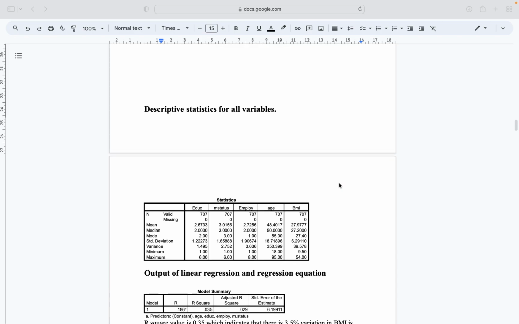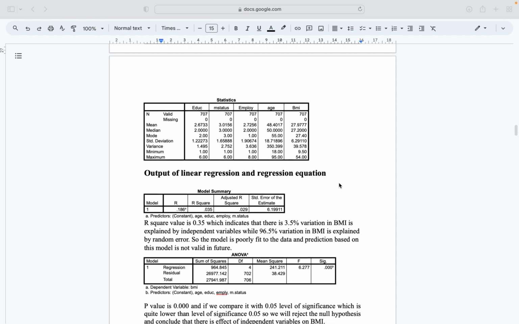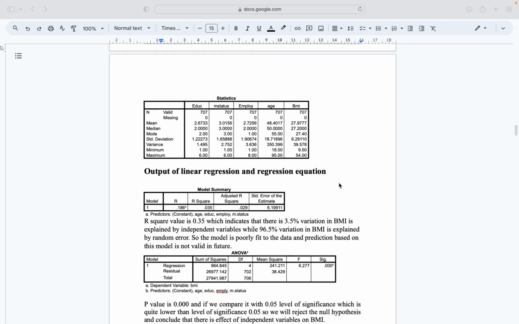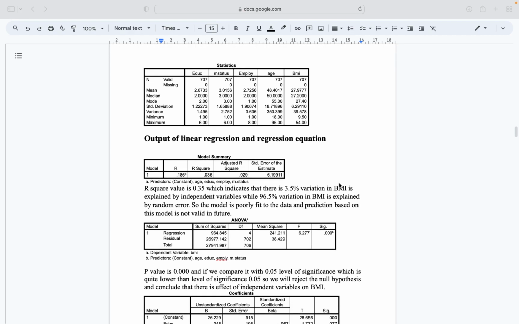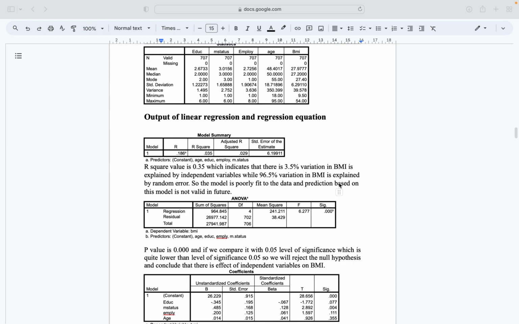These are my descriptive statistics for all variables. The output of the linear regression and regression equations are below. My R square value is 0.35, which indicates that there's about 3.5 variations in BMI.